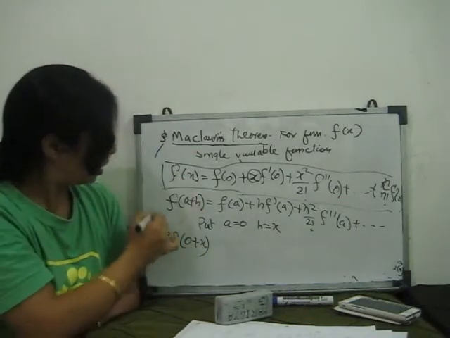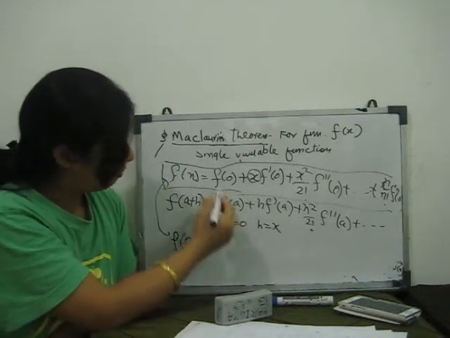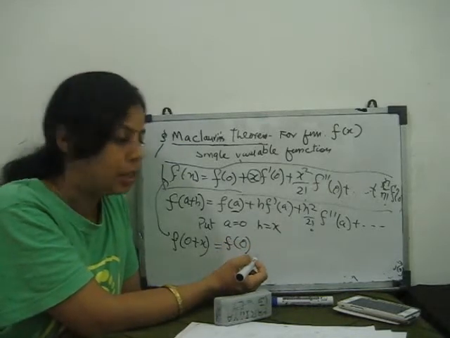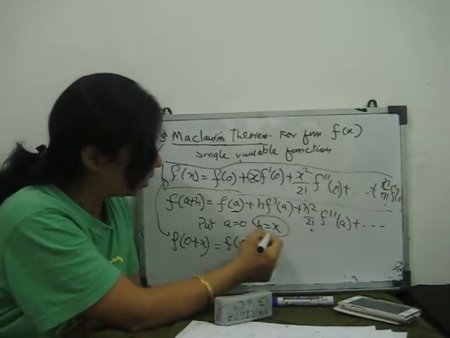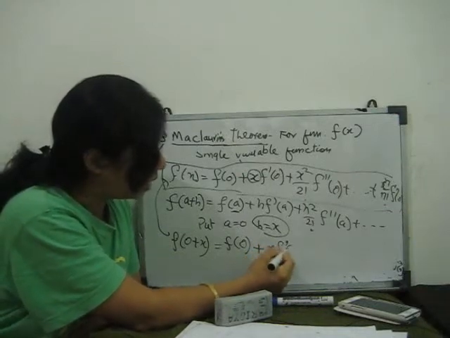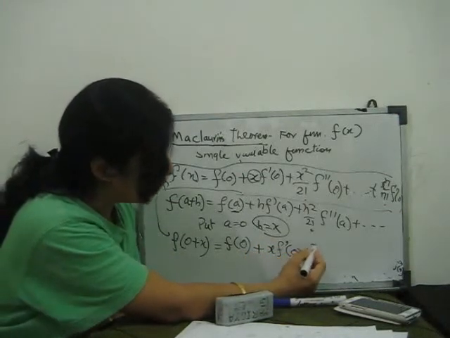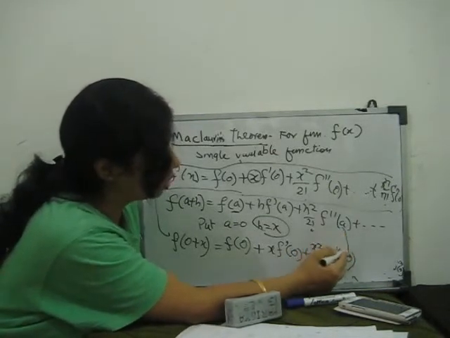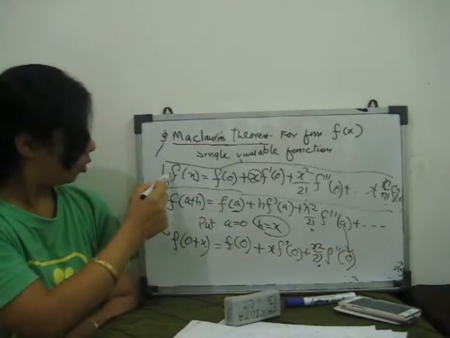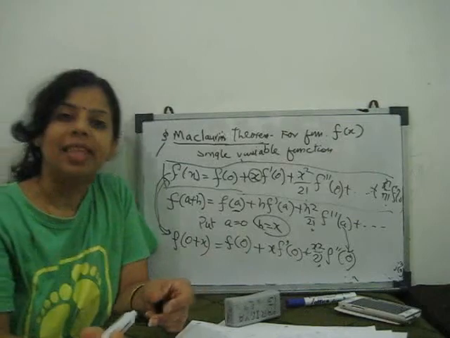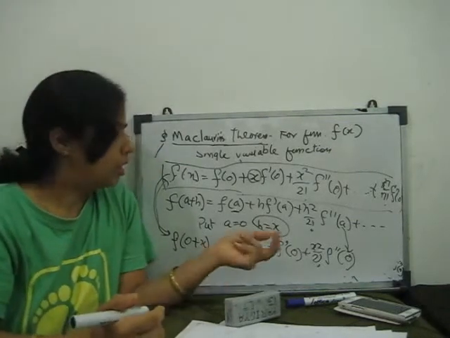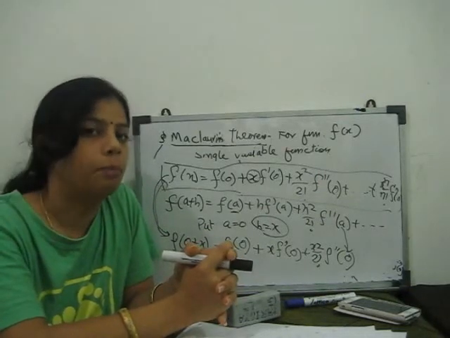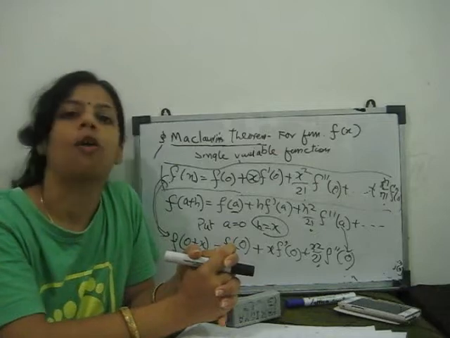It becomes f(x) equal to f of 0, the function value at point 0, plus x f dash of 0 plus x square by factorial 2 f double dash of 0, because a is 0 everywhere. Now compare these two series; they are the same. So Maclaurin series is a particular case of Taylor series.